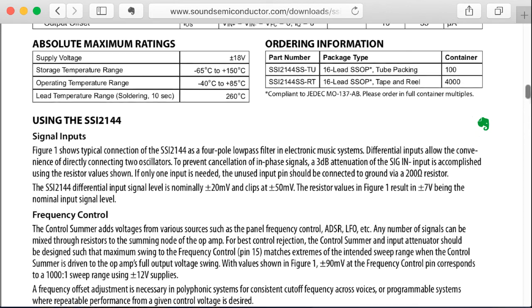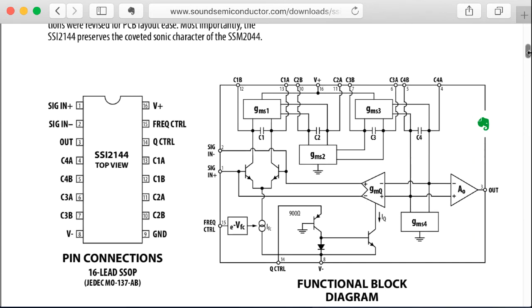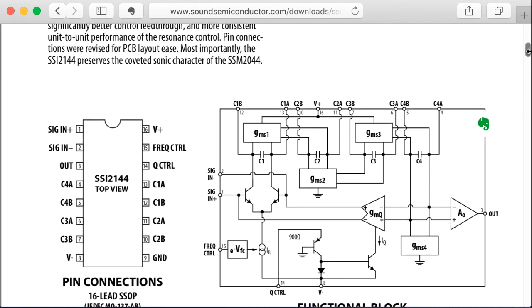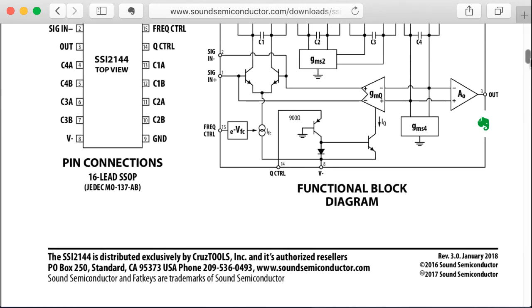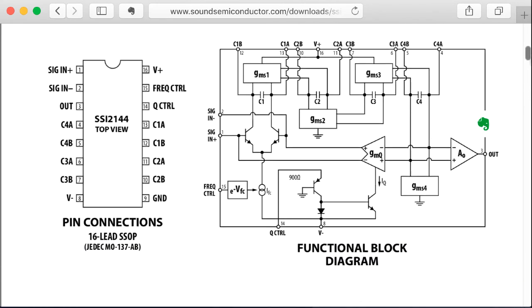So if you wanted, you could use one of these to create, I guess, a voltage-controlled amplifier. But like the CM3320 chip and some other so-called filter chips, these are all driven by the same exponential converter source. So it would probably have limited applications just using it as a VCA. But it's an interesting chip, and I am not familiar with any other chips that use this particular structure, so that makes it kind of interesting.